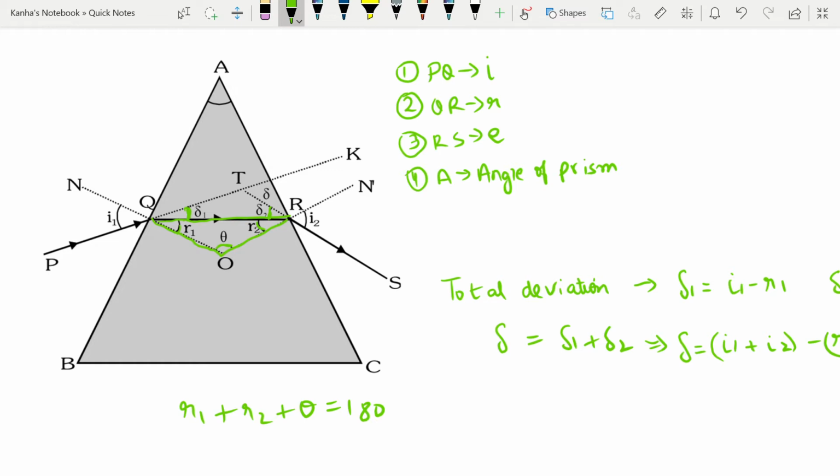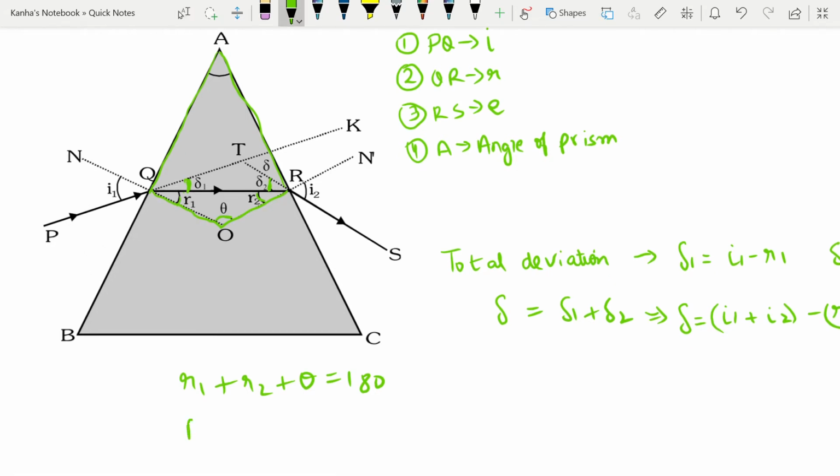If I take the quadrilateral AQOR, what do I see? I see that A plus theta is equal to 180 degrees. Why?